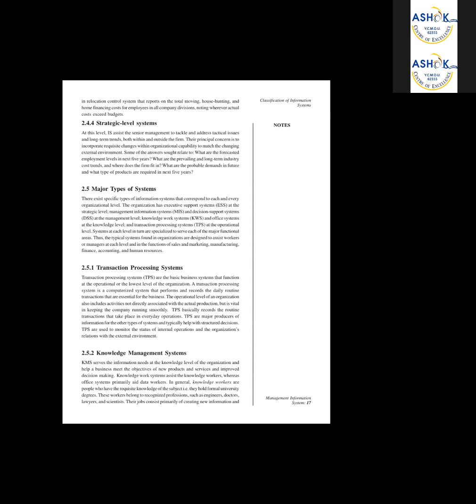Some of the questions relate to: what are the forecasted employment levels in the next 5 years, what are the prevailing and long-term industry cost trends, and where does the firm fit in? What are the probable demands in future, and what type of products are required in the next 5 years?